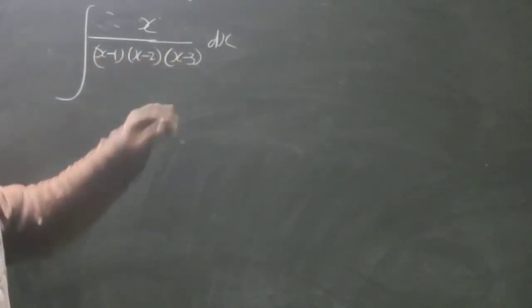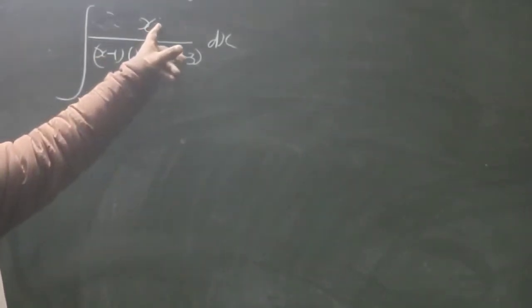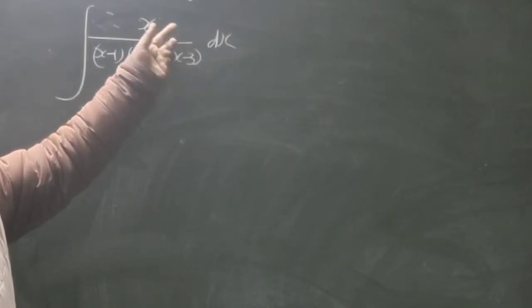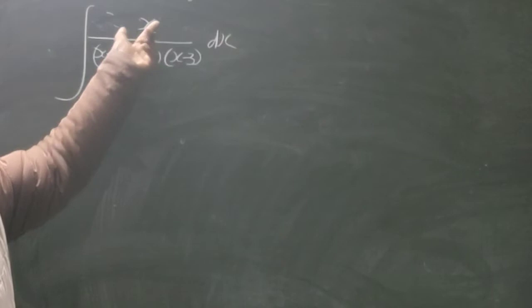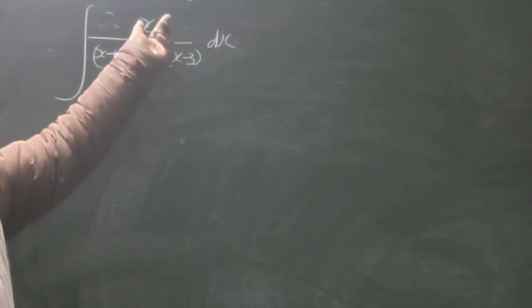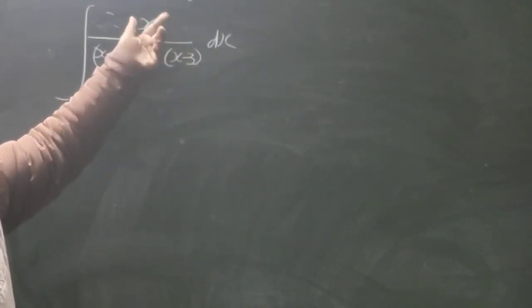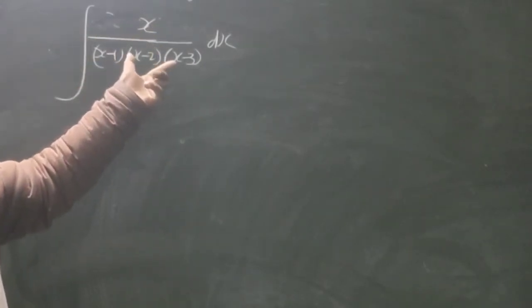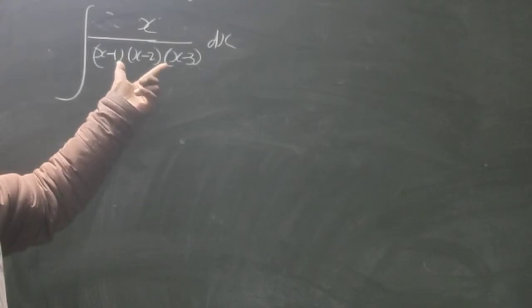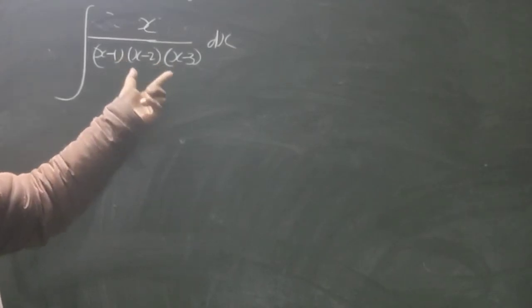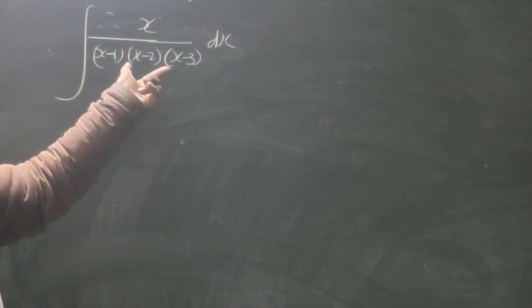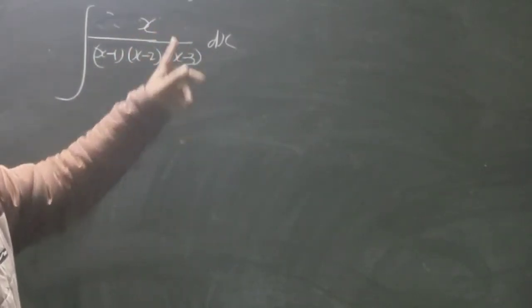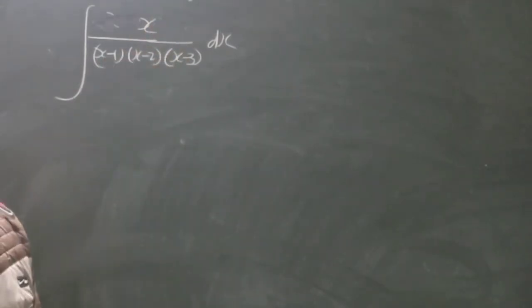These are the linear factors and the numerator is also linear. The degree of numerator is less than that of the denominator. In order to use the first type of partial fractions, the degree of the denominator must be greater than that of the numerator, and that holds here. Here degree is 1 and here it is 3.